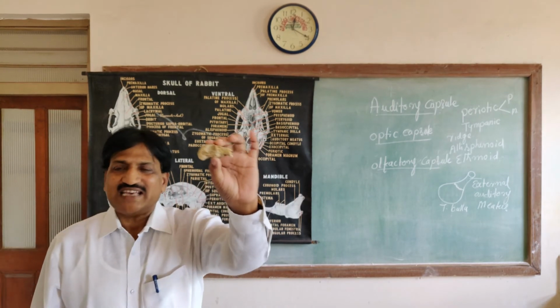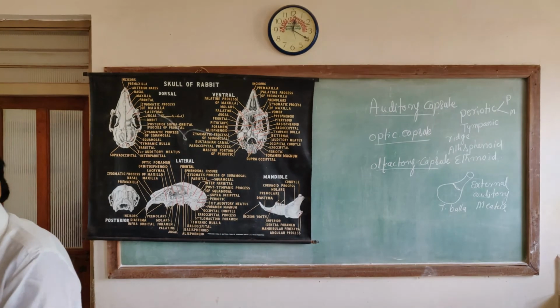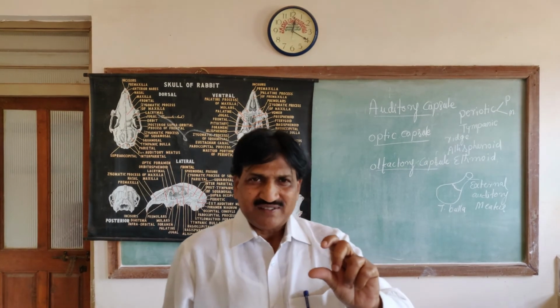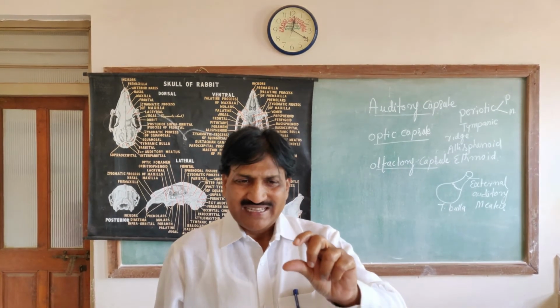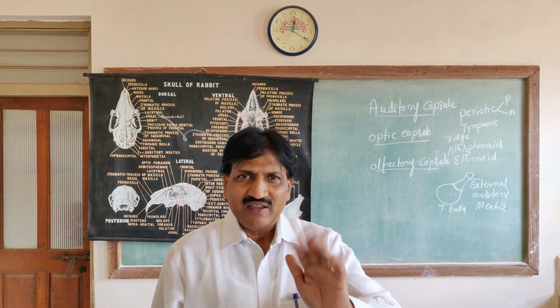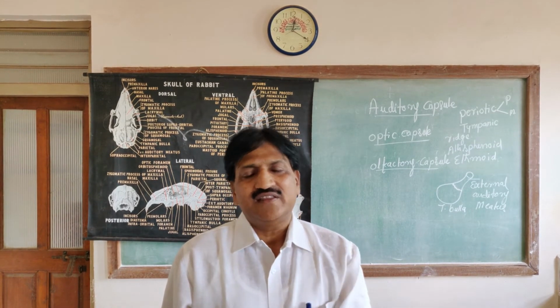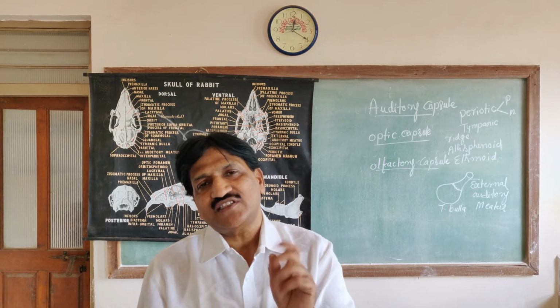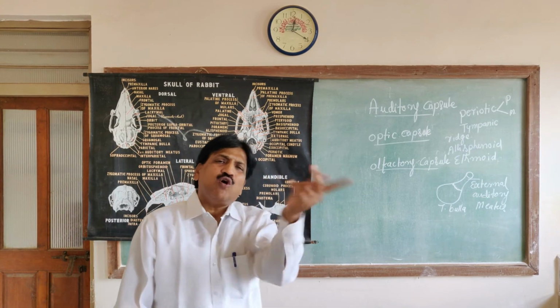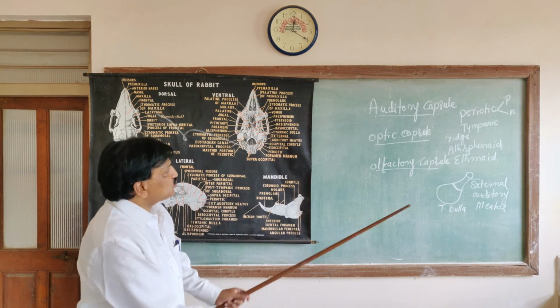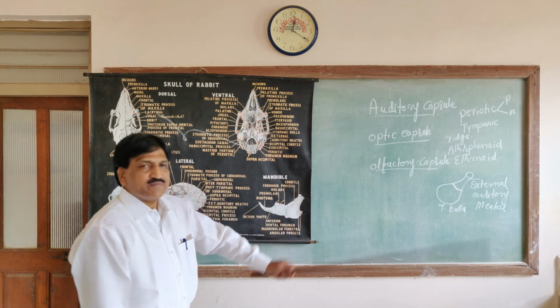The two orbits are separated by a vertical septum called the interorbital septum. That is the end of the optic capsule.